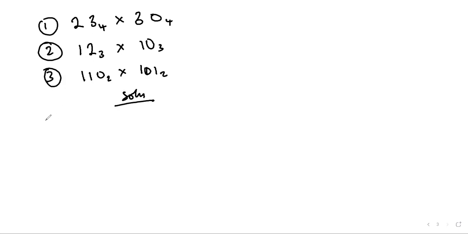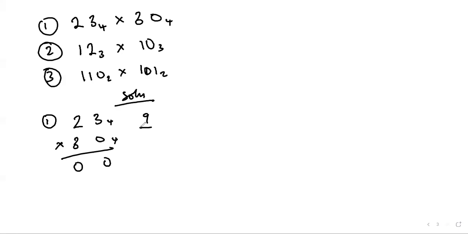Okay, so for number 1, we have 23 times 30, all of them in base 4. So you start with this extreme. 0 times 3 is 0. 0 times 2 is 0. 3 here times 3 is 9.